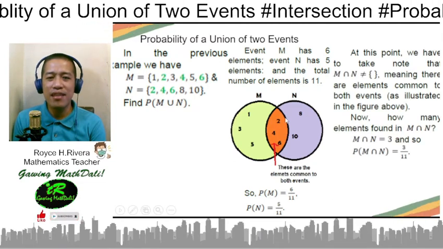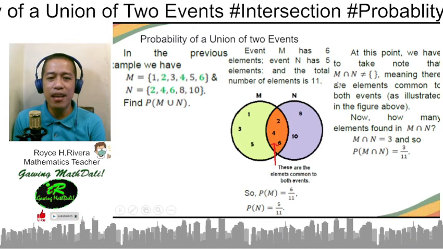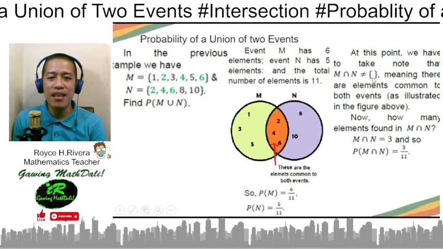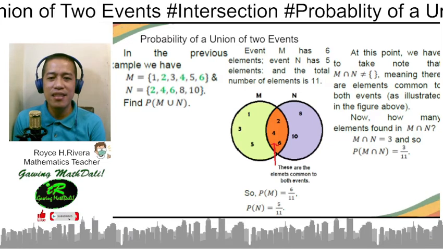At this point, we have to take note that M intersection N is not an empty set, meaning there are elements common to both events.